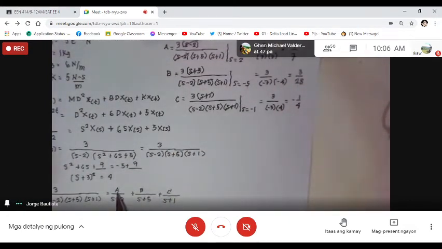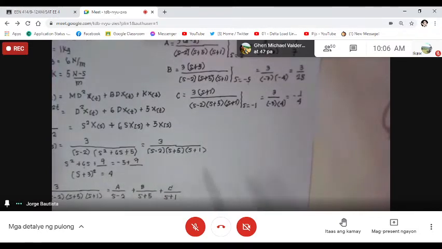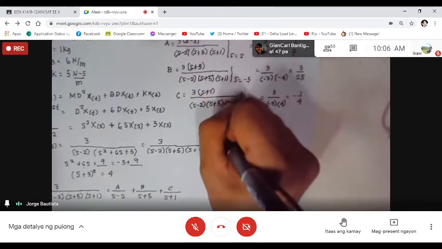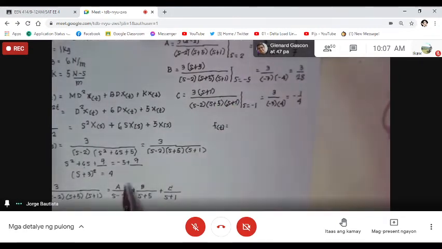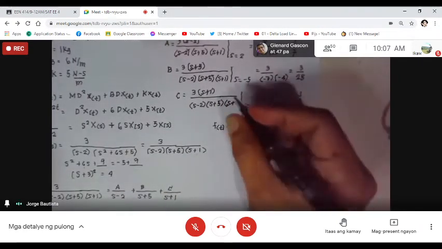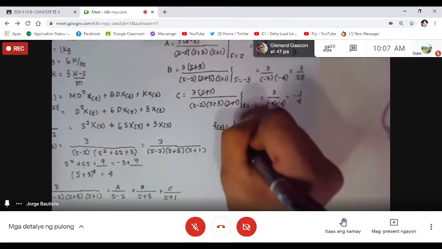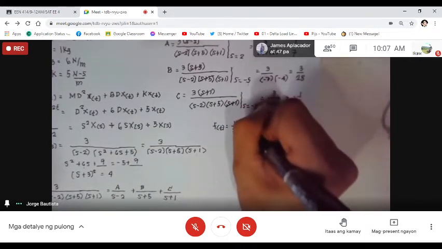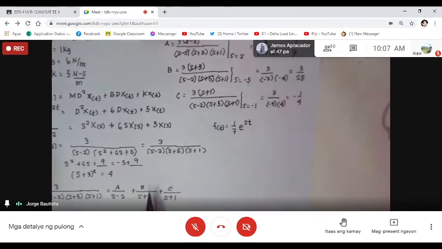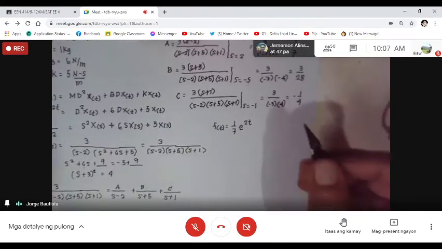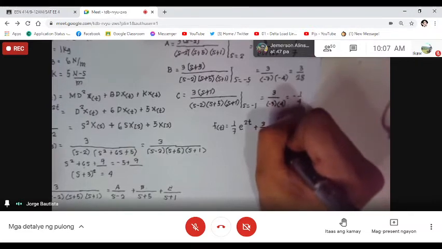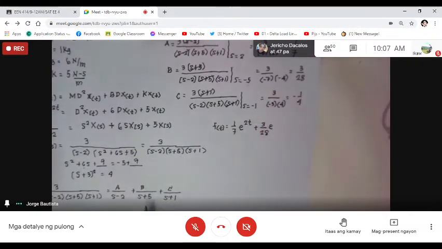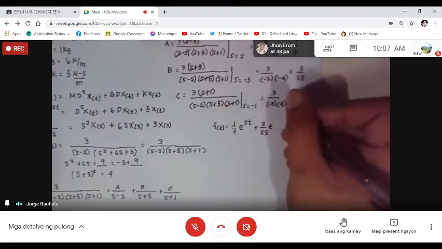Substitute mo dito sa ABC. Okay, so simple lang naman yung inverse natin. So a is 1 over 7, so that is 1 over 7 e raised to 2t positive. No? Next b, 3 over 28, so plus 3 over 28 e raised to negative 5t, di ba?